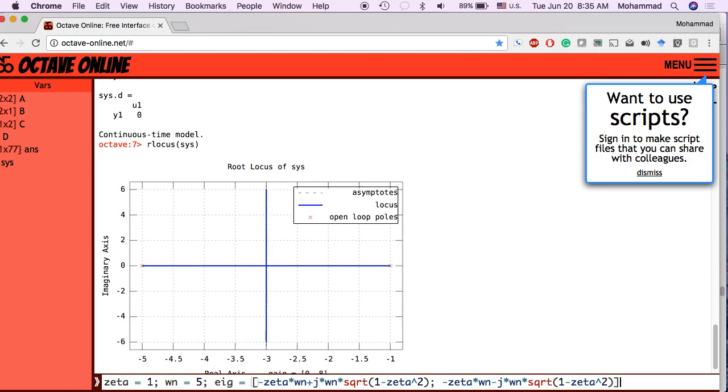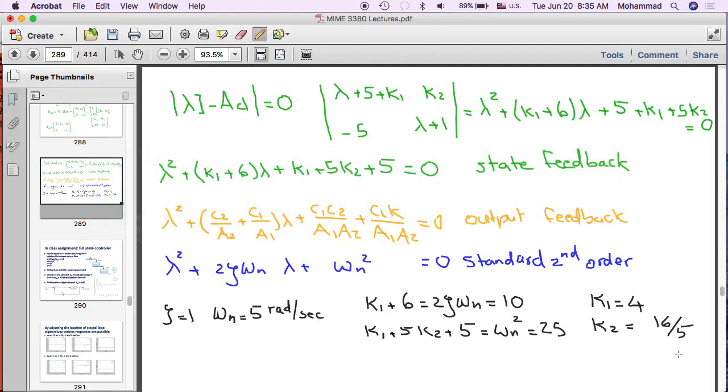So the two poles, let me write the equation down.